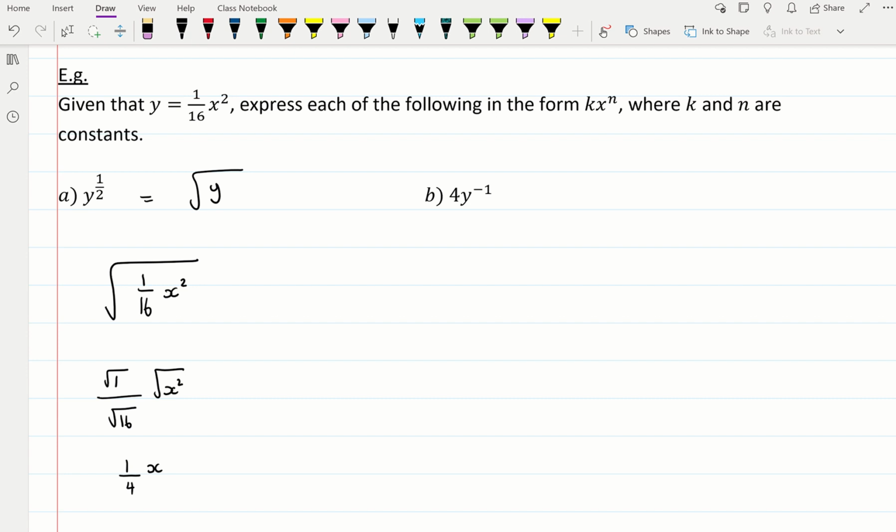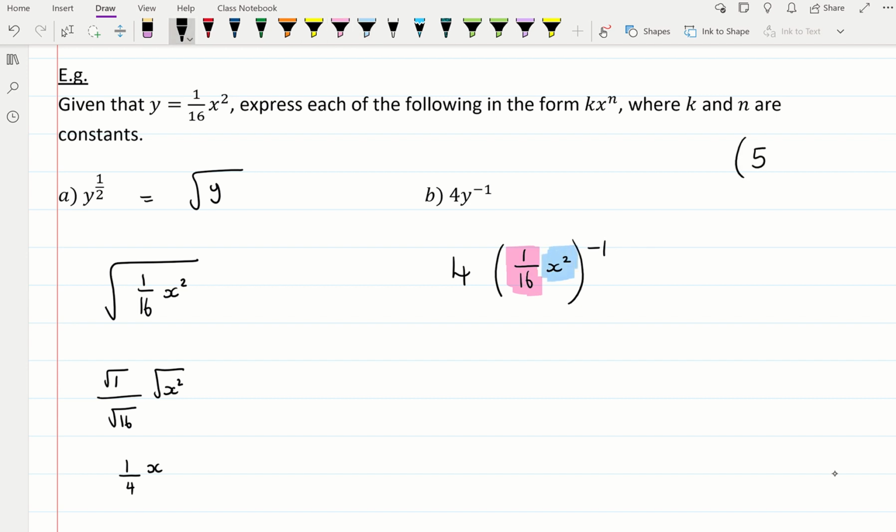And then for b, it's 4y to the power of -1. So 4 times y, I put it in brackets, x squared, all to the power of -1. Well, this -1 is applied to each part in the bracket.